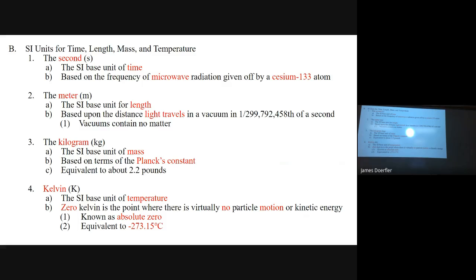Planck's constant is going to be dealing with the atom and the electron. It's an incredibly complicated aspect, but very useful.